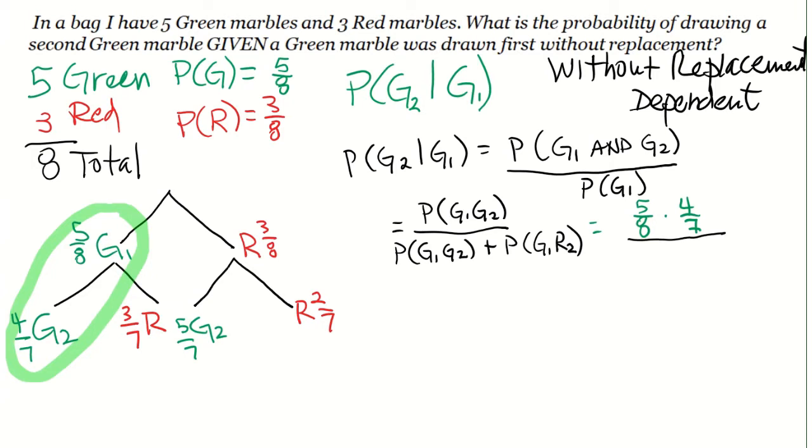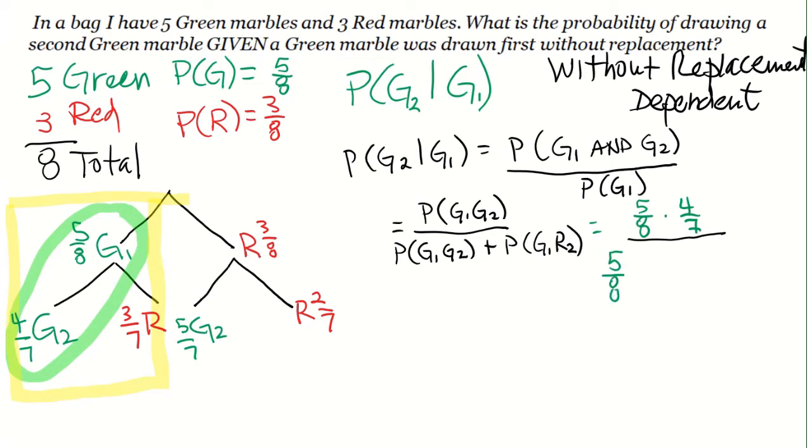Now on the denominator, we are looking at the sample space that includes G. So what that is, that is including all of this space right here, all of the probability of G. This is my sample space that includes G. And we're first going to write what we just did, our G1 and G2.